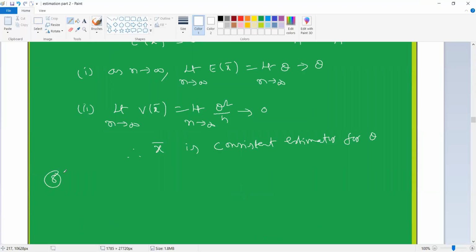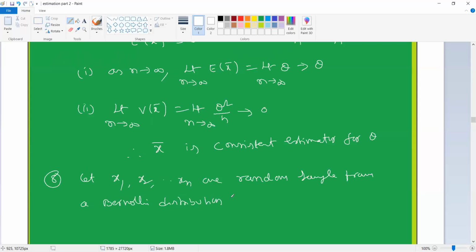One more example. Let x1, x2, and so on xn be a random sample from a Bernoulli distribution with parameter p.